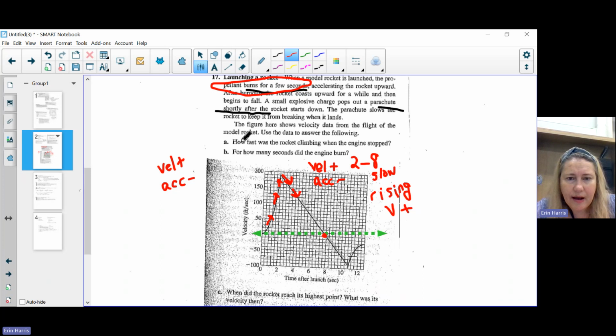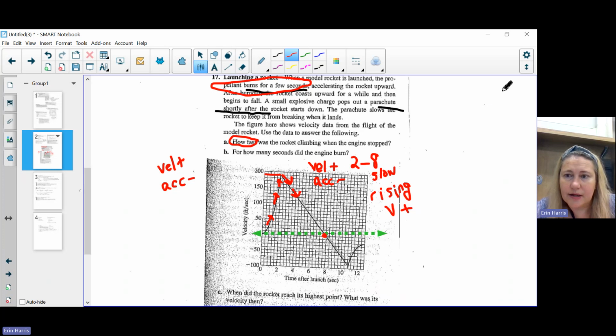So let's start answering some of the questions. So how fast was the rocket climbing when the engine stopped? Okay, so the engine is referring to this propellant, right? So how fast was it going? How fast means the speed. Speed is the absolute value of velocity.